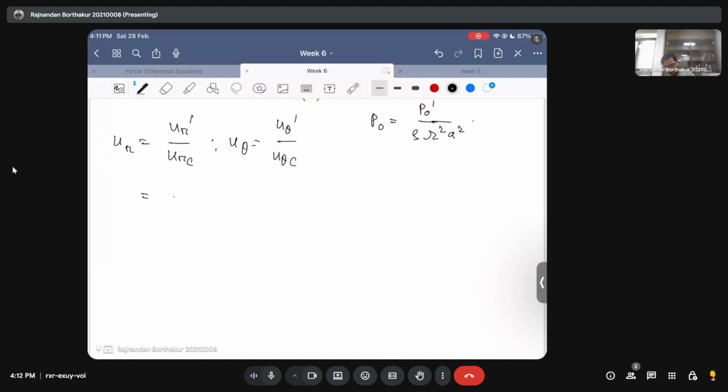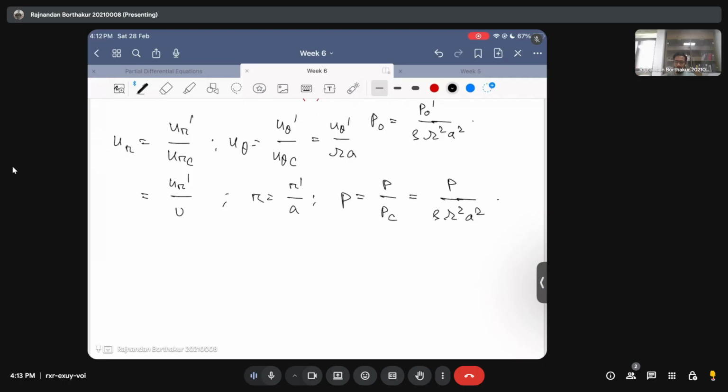So this is ur prime by u, and this is u theta prime by omega a. I will write my r as r prime by a, and my pressure as p by pc, where pc is the characteristic pressure, rho omega squared a squared.